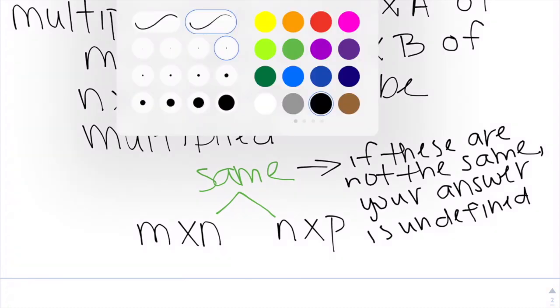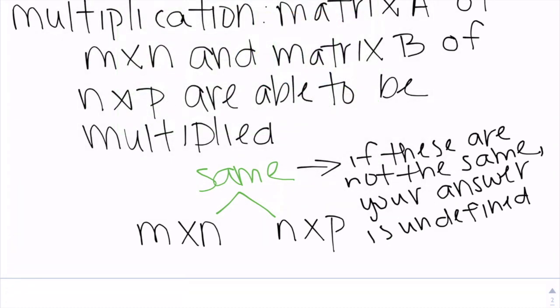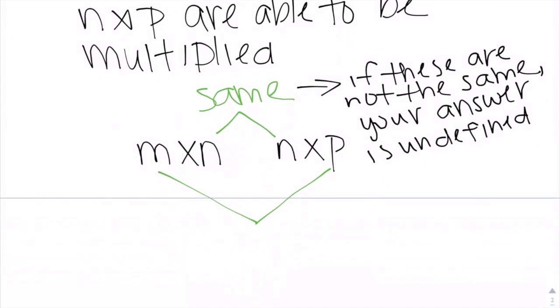All right, and so if we go back here, the m here and the p here, that creates the dimensions of your answer.